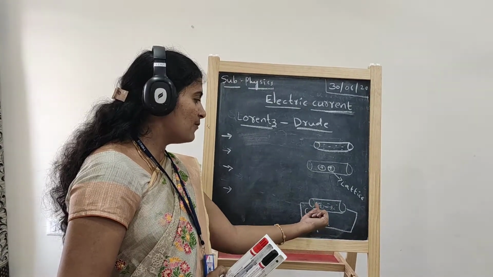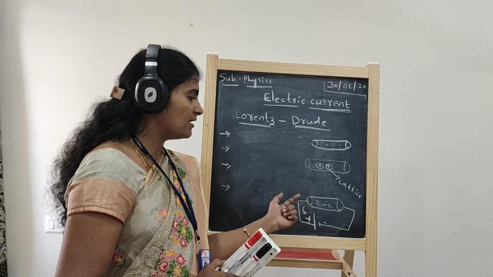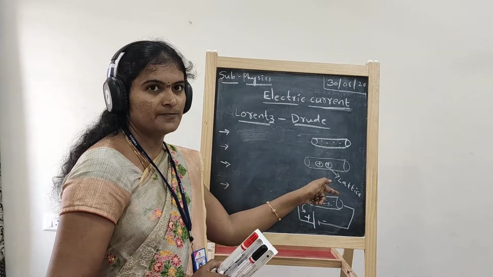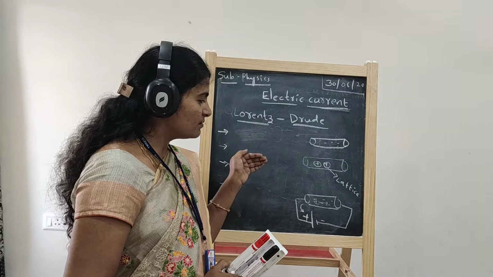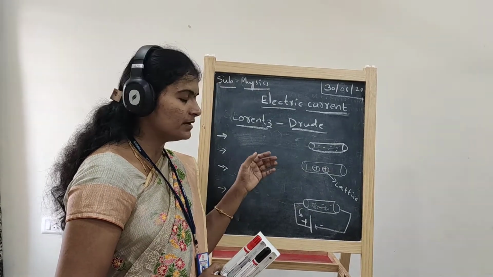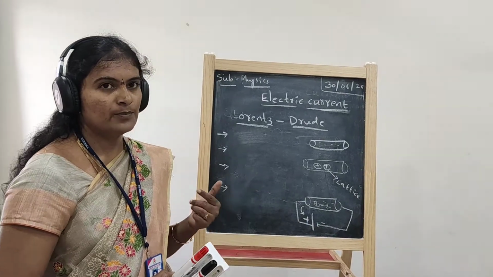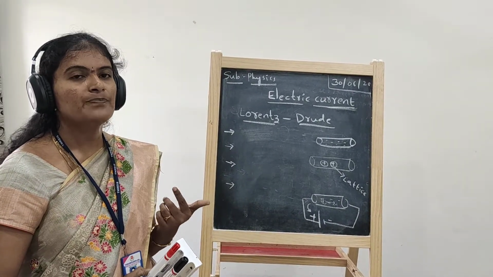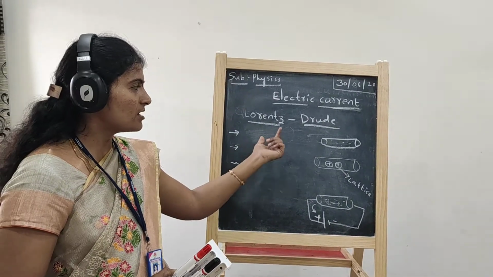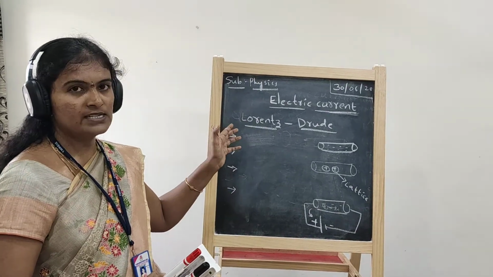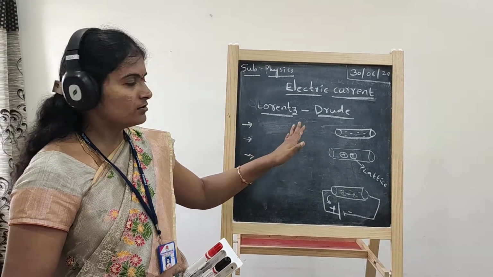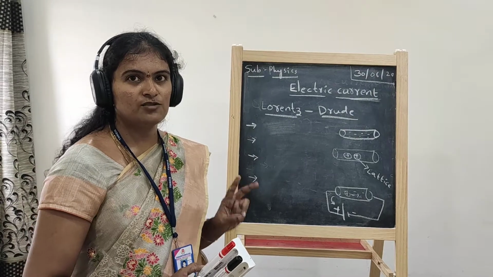The current moves in the direction opposite to the motion of the electrons, so the electrons move in a proper direction with specified velocity, and electric current is produced in the circuit. So this is the concept given by Lorentz and Drude. This is called Lorentz-Drude theory.